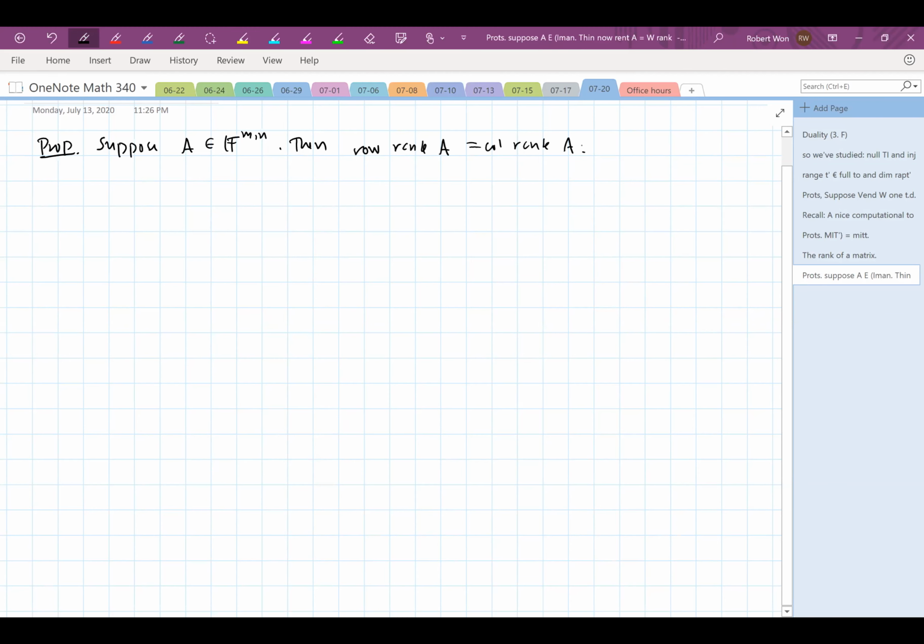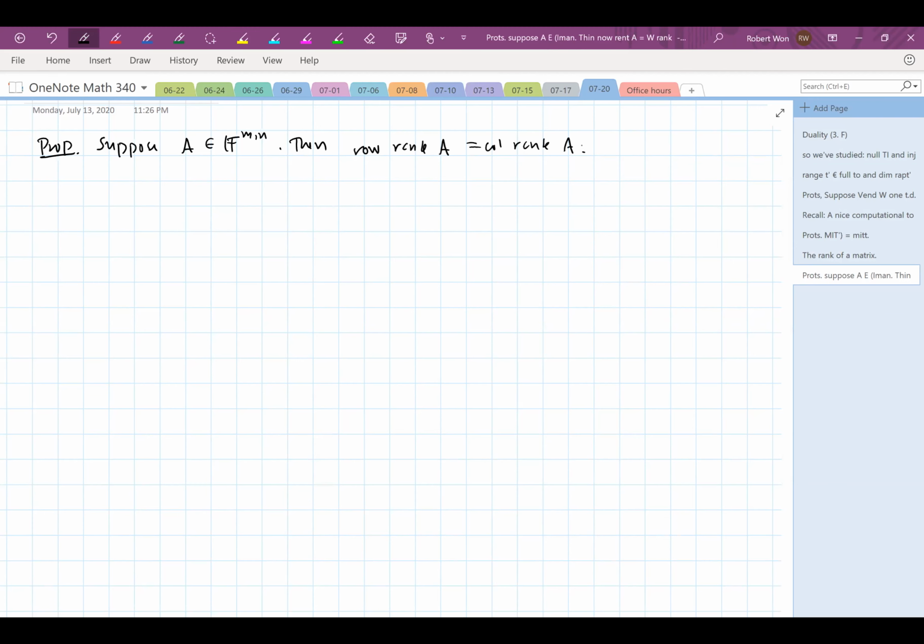It's not that obvious that this should be true. You take the span of the rows, it's some subspace. You take the span of the columns, it's some subspace. They're living in different vector spaces, right? One is kind of living in F^m, one is kind of living in F^n. They have a different number of vectors in general, but it turns out that their ranks are the same.